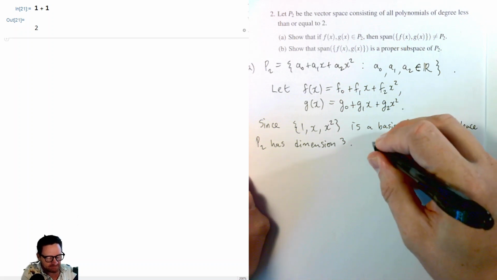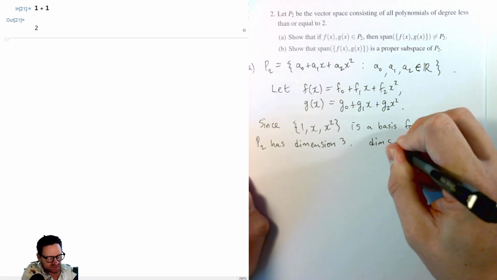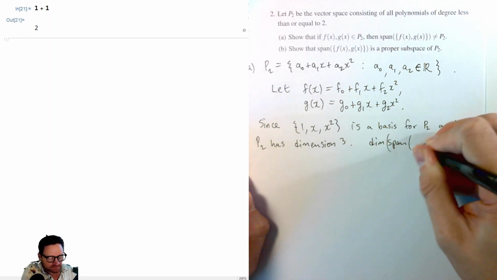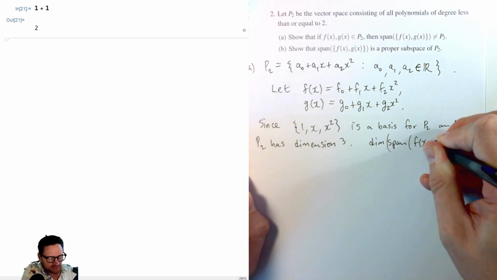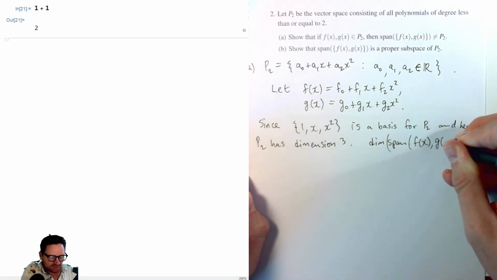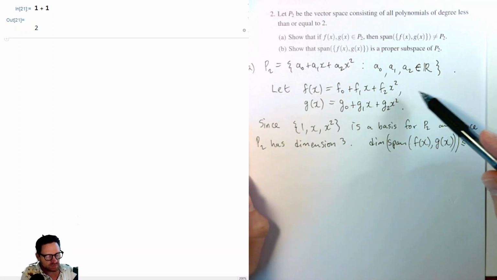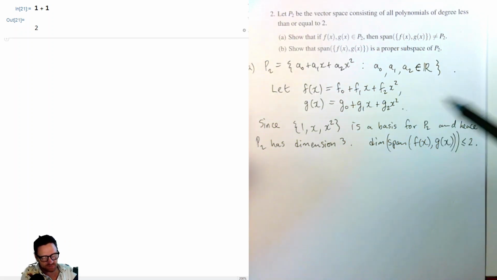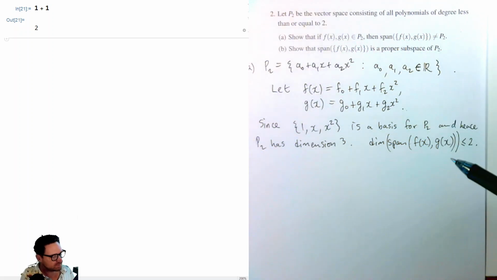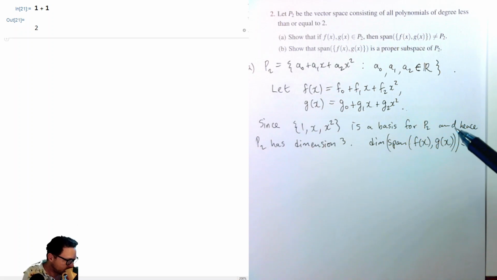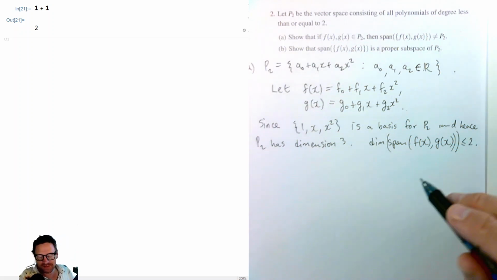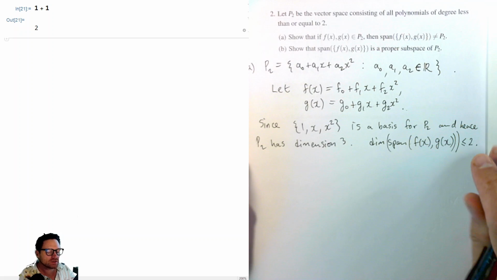So let's say that dimension of span of f and g is less than or equal to 2, right? They could be multiples of one another, in which case it would be dimension 1, for example.